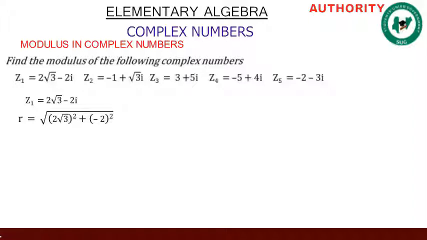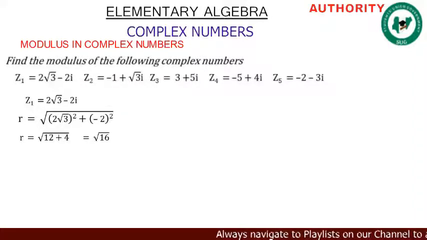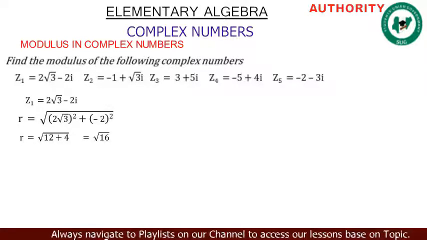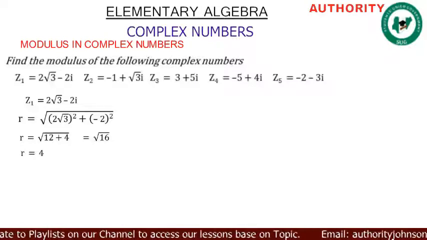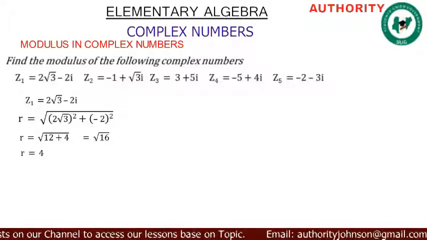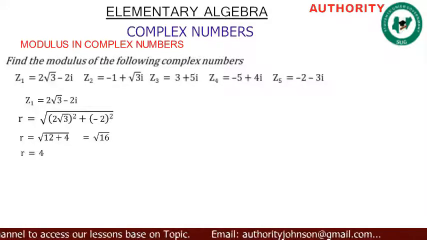Now 2 square root of 3 squared gives us 12, and minus 2 squared gives us 4. So we have the square root of 12 plus 4, which is the square root of 16. The square root of 16 is 4. So therefore, the r of z1 is equal to 4.